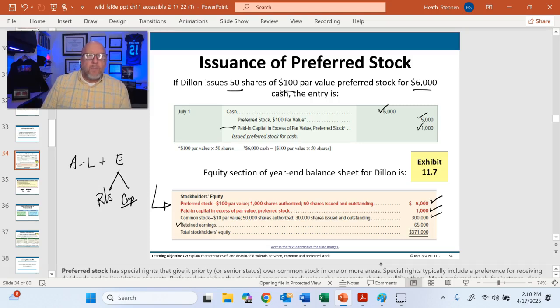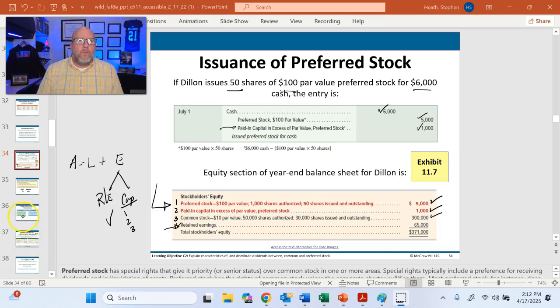And now we have 1, 2, 3, in this example, 3 categories of capital. And then this right here is our retained earnings. Very cool. For total stockholders' equity of 371.